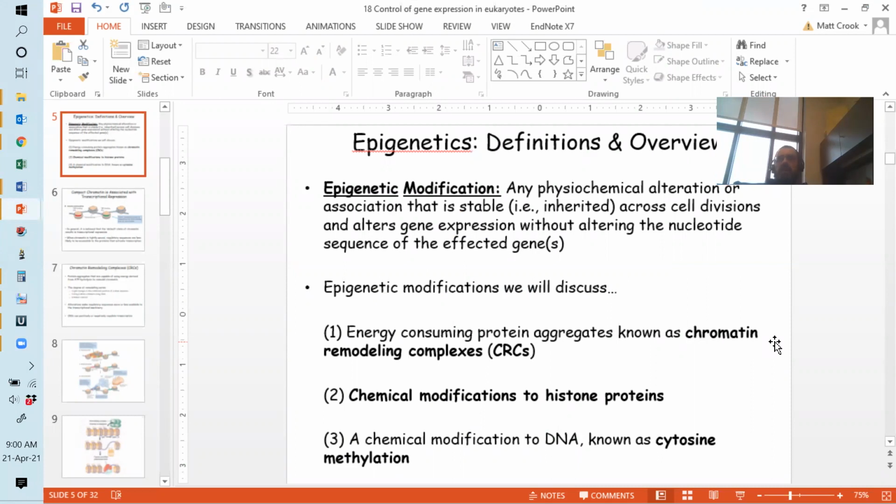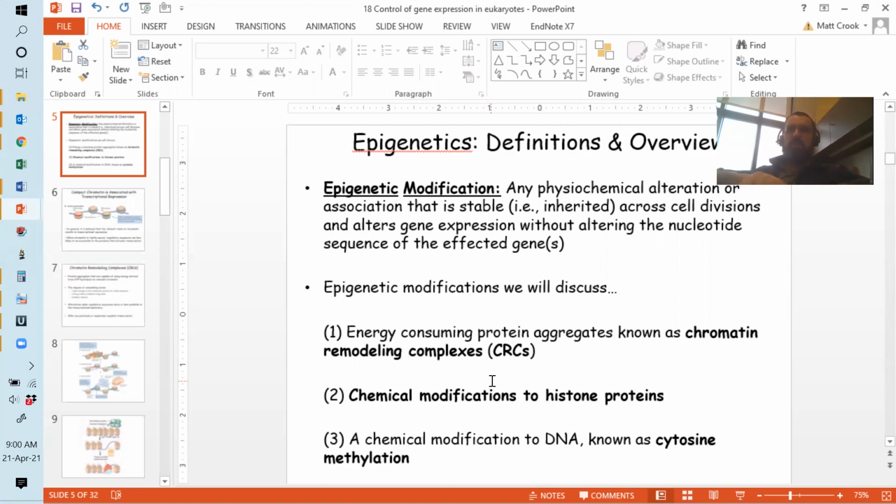Okay, so just to recap, we're basically starting at the beginning, at the big scale of the control of eukaryotic gene expression, and controlling the access of the transcription machinery to DNA is a big part of that. We've already gone through this list.